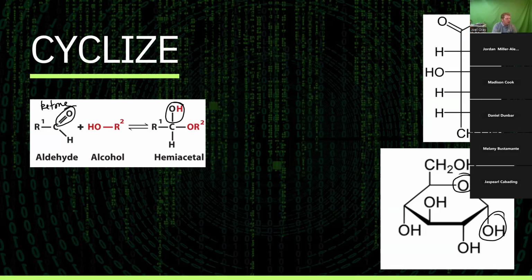An aldehyde plus an alcohol forms a hemiacetal. A ketone plus an alcohol forms a, I'll give you a hint, it's a hemi.